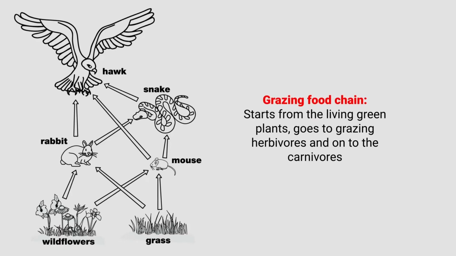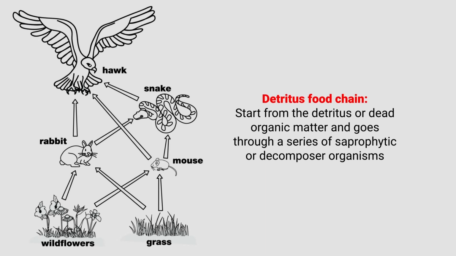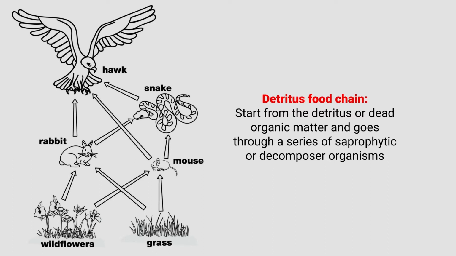One is the grazing food chain that starts from the living green plants and goes to grazing herbivores and then carnivores. Another is the detritus food chain that starts from detritus or dead organic matter and goes through a series of saprophytic or decomposer organisms. Both types of food chain are essential, as I mentioned, for the flow of energy and the biomass nutrient cycling in the ecosystem.